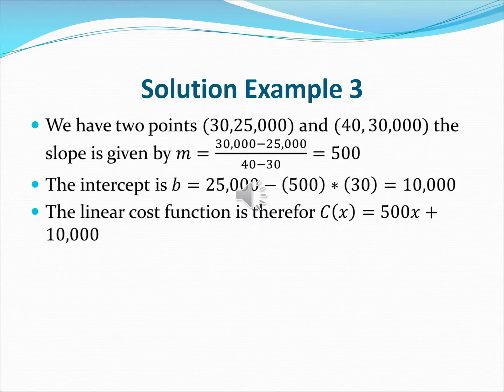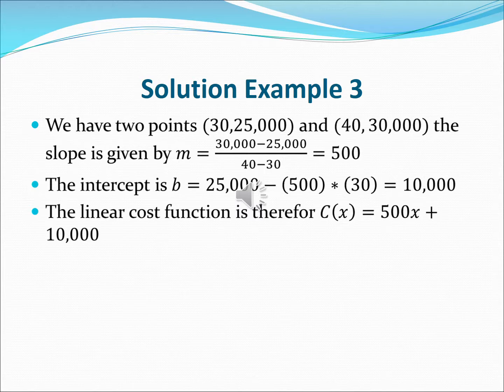Solution of example 3. We have 2 points. Point number 1 is (30, 25,000), and point number 2 is (40, 30,000). The slope is given by delta y over delta x, or rise over run.